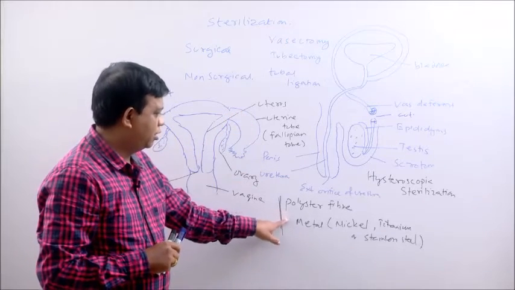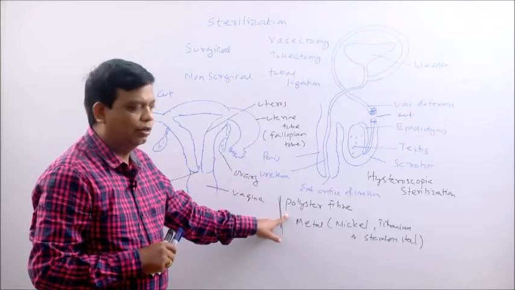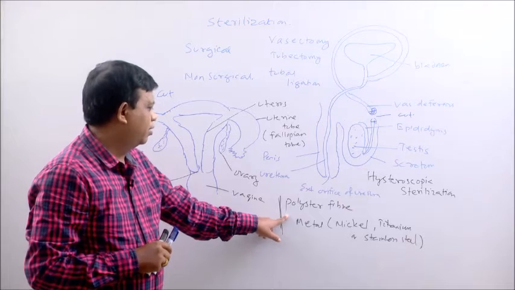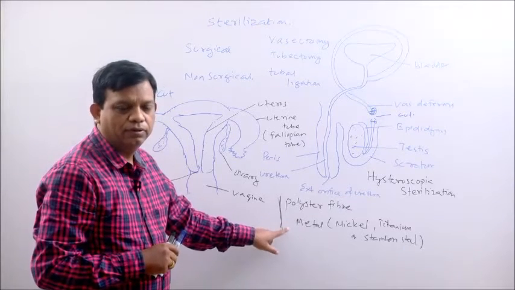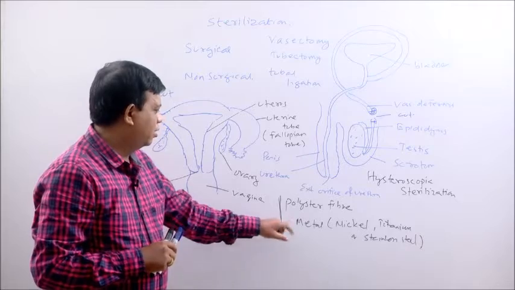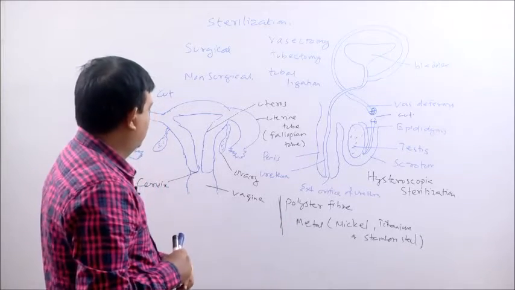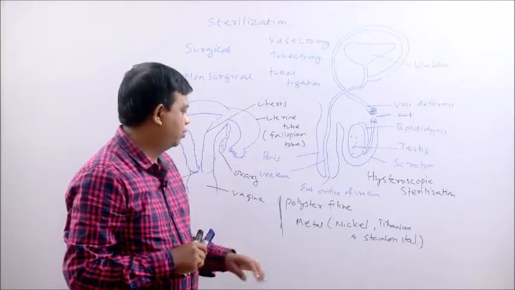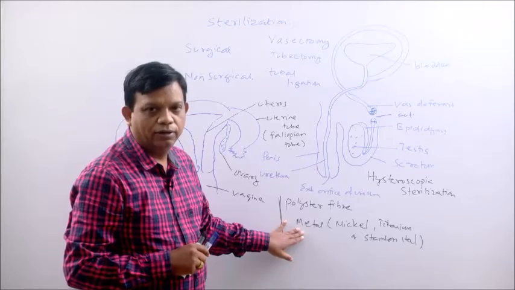When this is placed in the uterine tube, over a period of 3 months there will be formation of scar tissue around this coil.